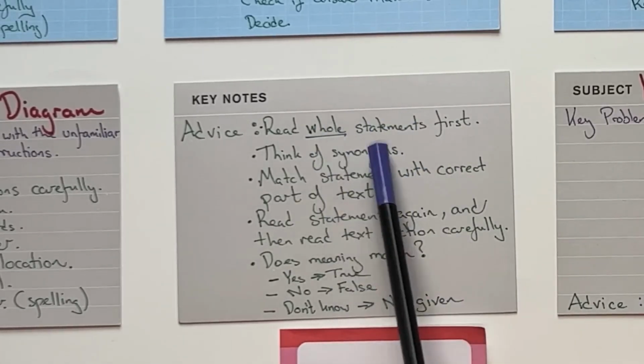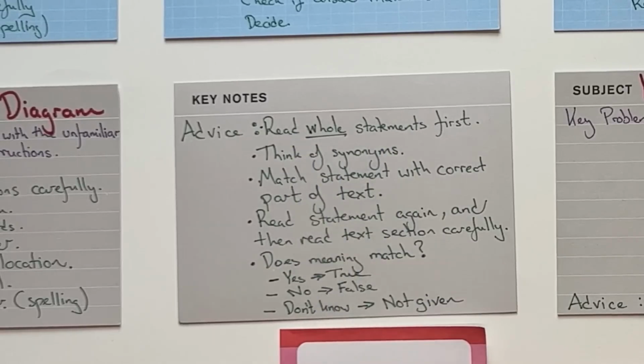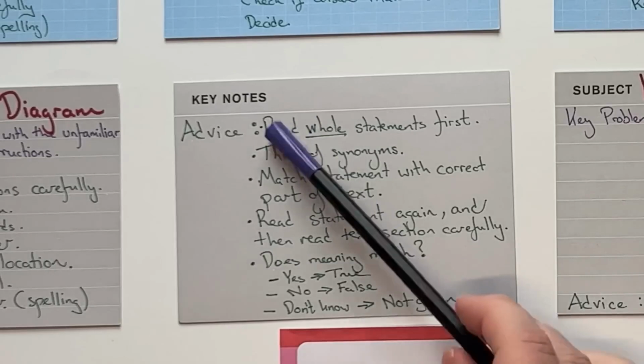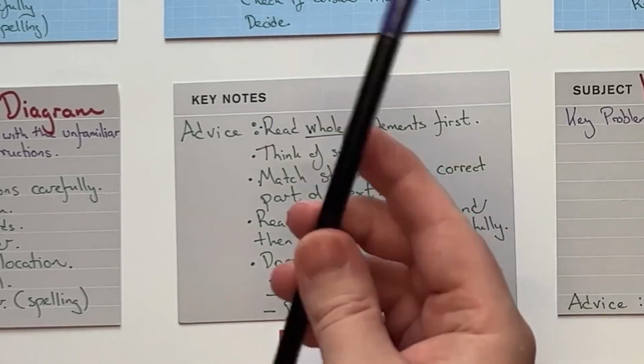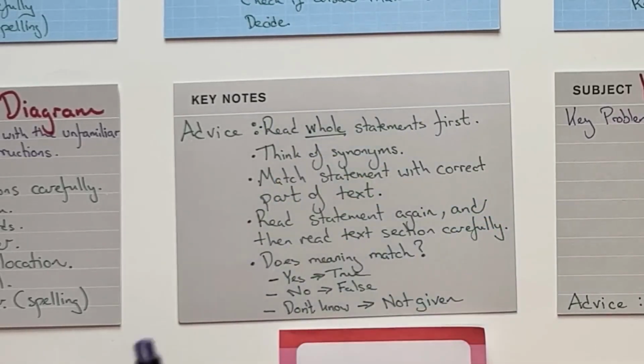Then, once you've understood them, think of synonyms. What might be said in the text in a different way? For example, if the question statement was talking about a pen, it might mention a writing instrument in the text.